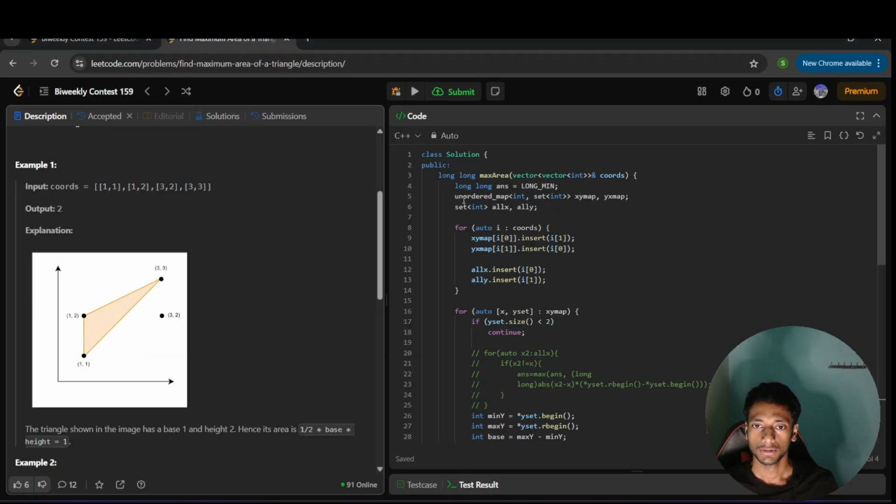So I have written the answer. I have to maximize the area, so I have initialized the answer variable with long min.